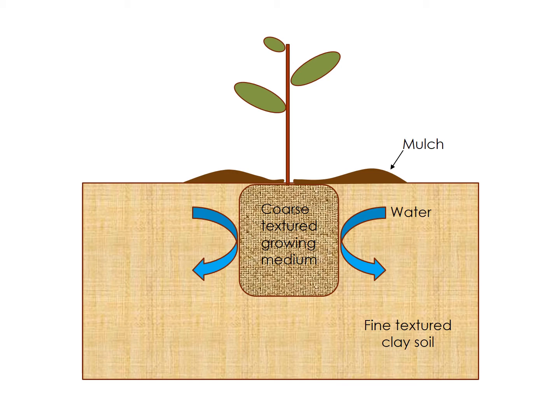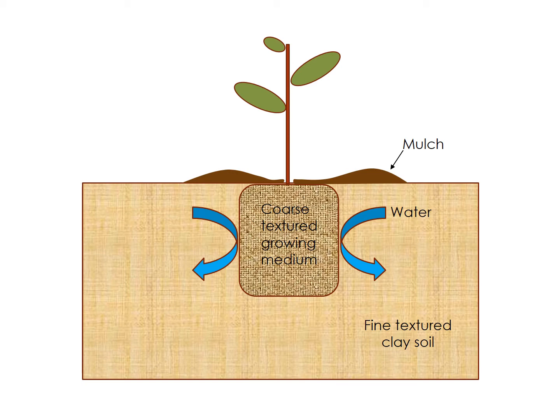So what happens is, in some cases, water does not easily move from the fine textured clay soil into the coarsely textured growing medium. So even though you're applying water, the water isn't actually getting into the root ball. So the plant essentially is not being watered even though you think you're watering it.